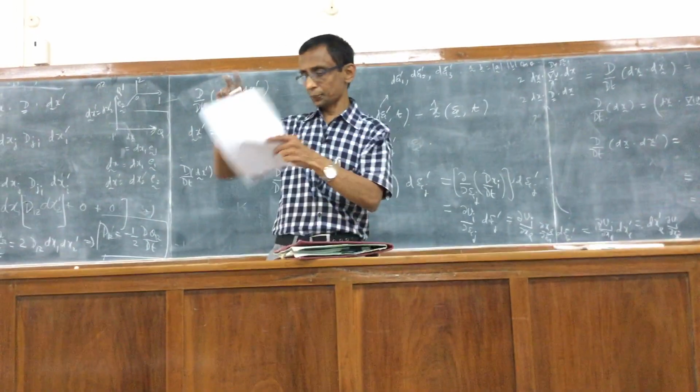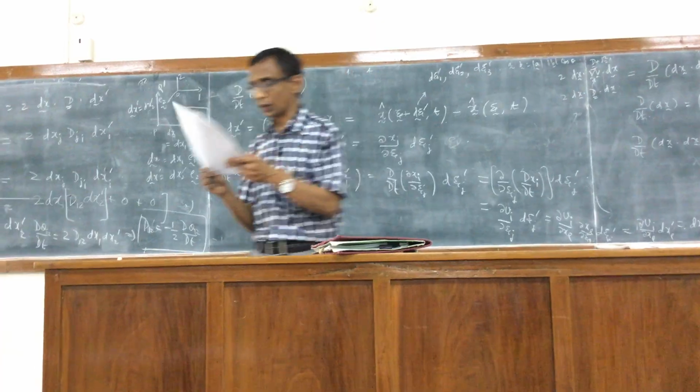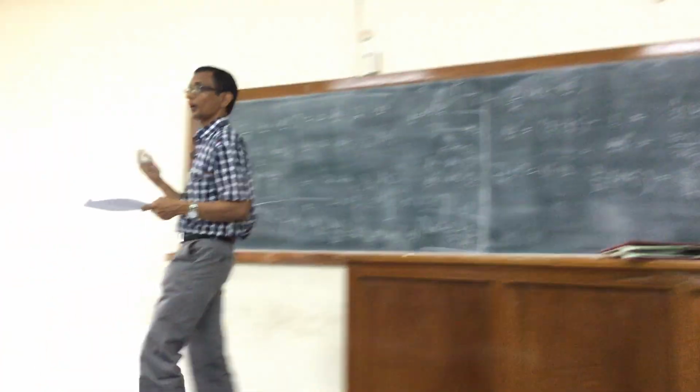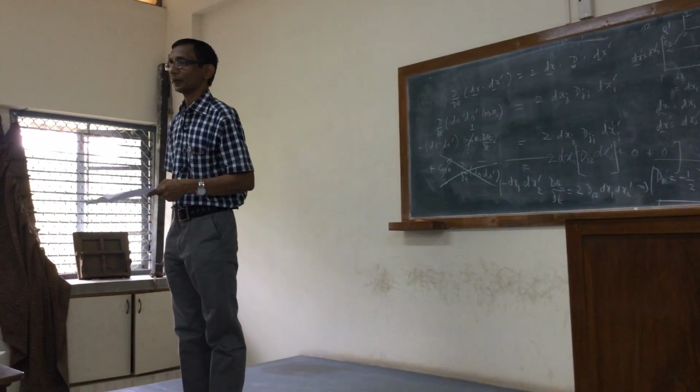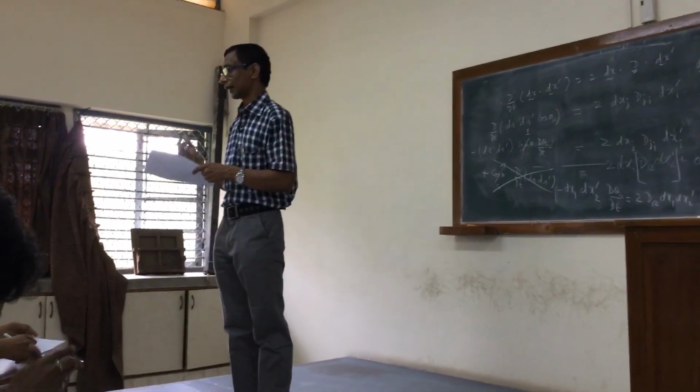Now we come to the last part of the third part. We have already seen how the rigid body rotation can be represented in terms of a vector as well as a tensor.